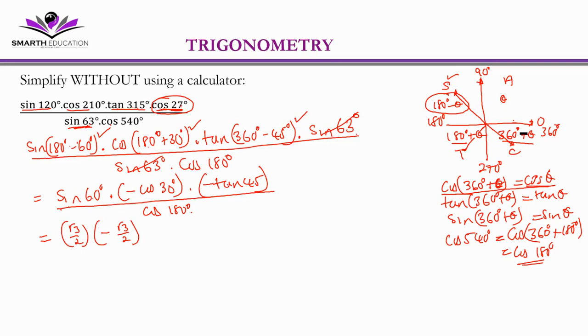And then negative tan 45 is negative 1, over cos 180, which is also negative 1. Then negative 1 divided by negative 1 is 1. We remain with root 3 times negative root 3, that is negative 3. Then 2 times 2, we get 4. See that? That is our answer.